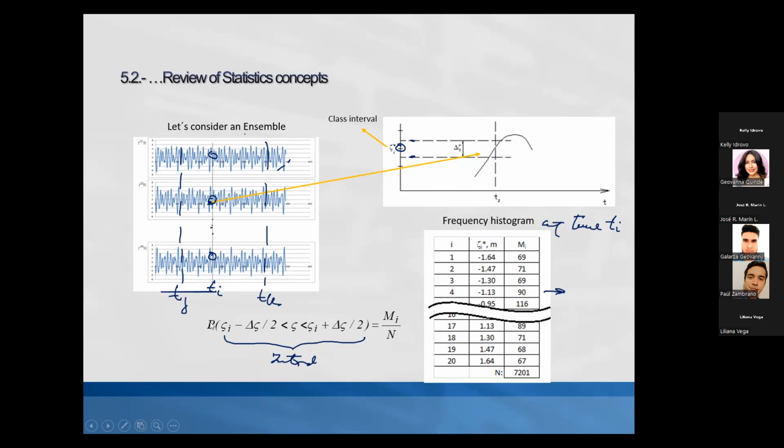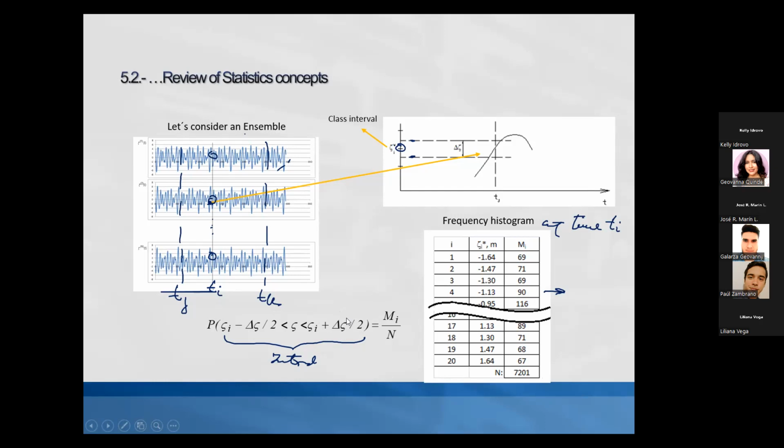That's a probability, large P, that this value is in this interval. And by common sense, we can express that as the ratio between this number from this ensemble divided by the total number of time registers that we have in this ensemble. Now, the problem with this is that this depends on this size.